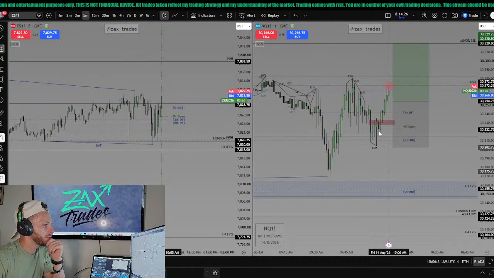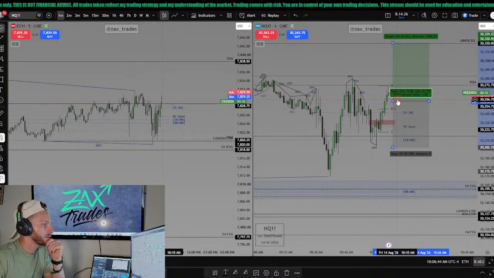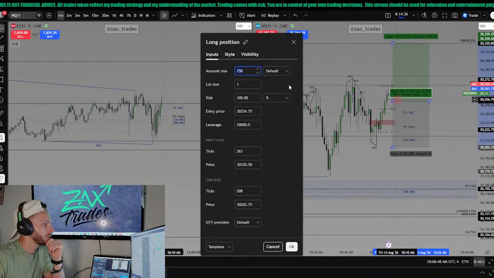See, that would be my dealing range there, that low, overlapping that FVG. See, what is my risk here? 750.